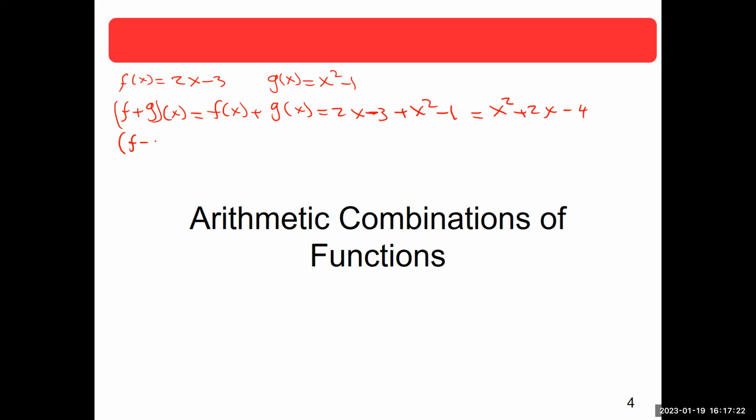f minus g as a function of x, again, this is not multiplication. That's the same meaning as f of x minus g of x.